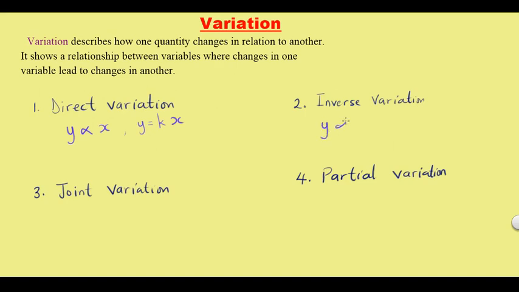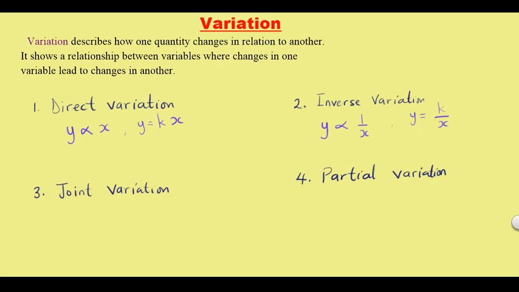If it varies inversely as x, which we can express as y equals k, which is a constant of variation, divided by x, it means as the value of x increases, the value of y will be decreasing. And as the value of x decreases, the value of y will be increasing.